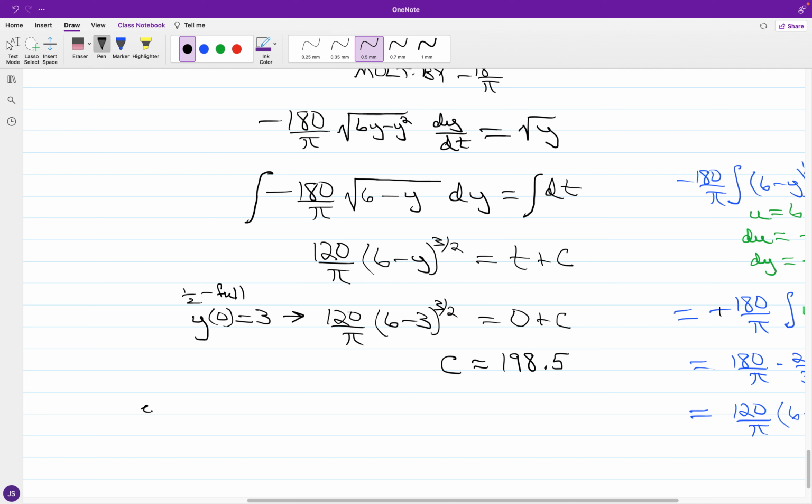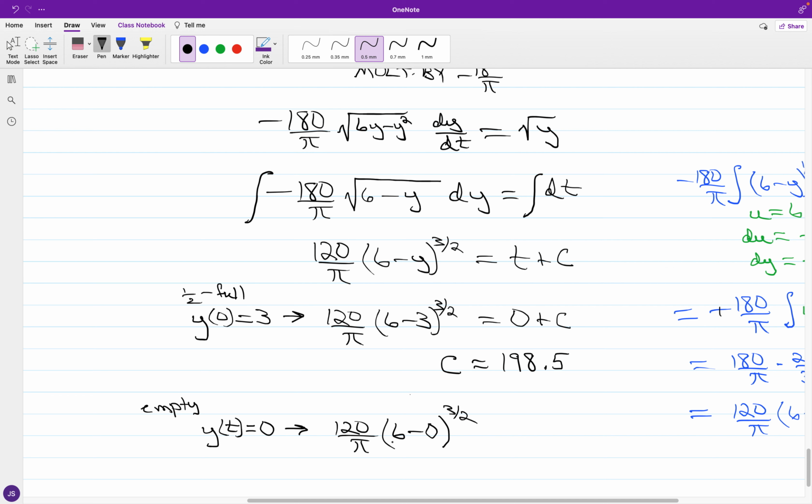And when the tank is empty, again, we have y of t equal to 0. And for what we're going to have in this result, you have 120 over pi times 6 to the 3 halves. Notice that the variable expression is not y if we have everything going to 0, like what was the case for the hemispherical and the spherical tanks.